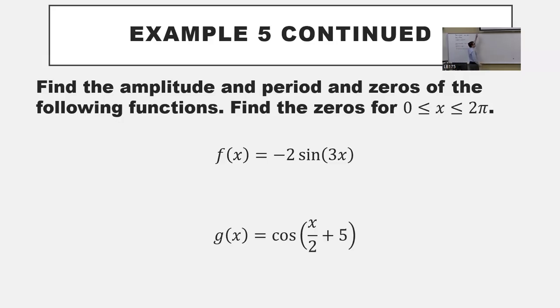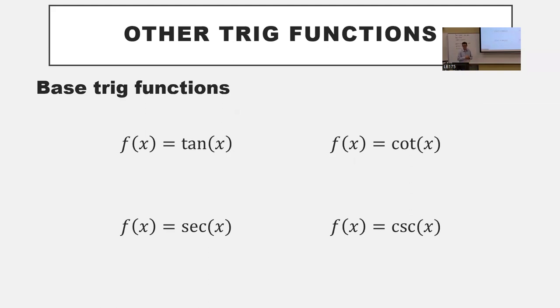So now that we've graphed a bunch of different sine and cosine functions, now we're going to look at the other 4 trig functions: tangent, cotangent, secant, and cosecant.